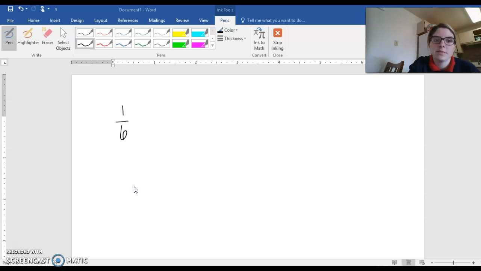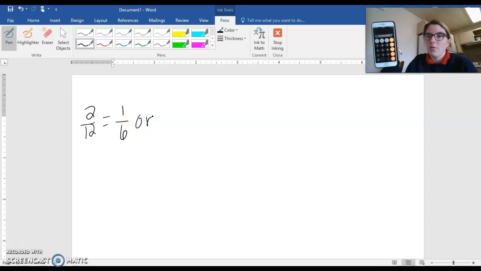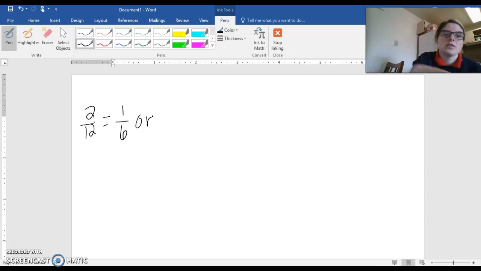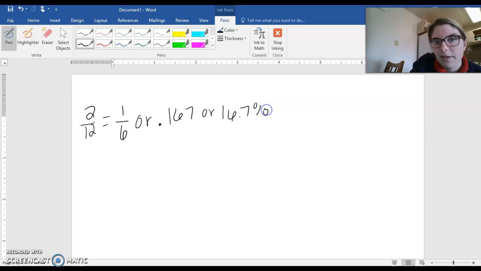So we were right here where we said it was 1/6, because at first it was 2 over 12, and we simplified it down to be 1/6. That as a decimal is going to be 0.16 repeating, so I'm just going to put 0.167, or it could be 16.7%.